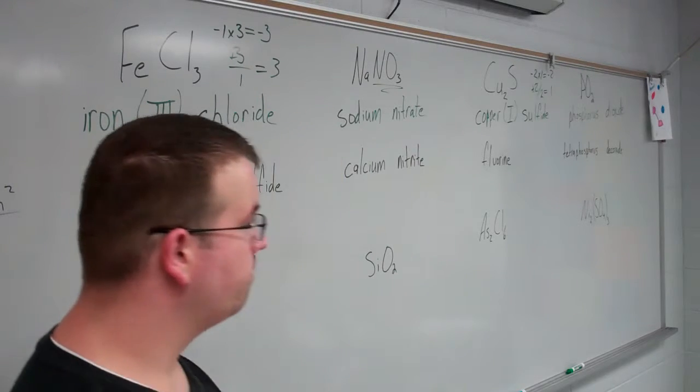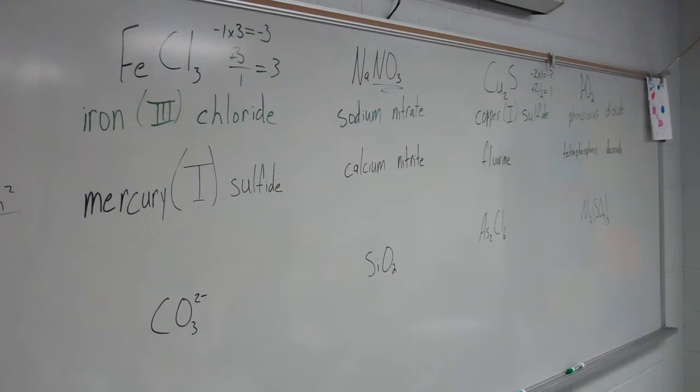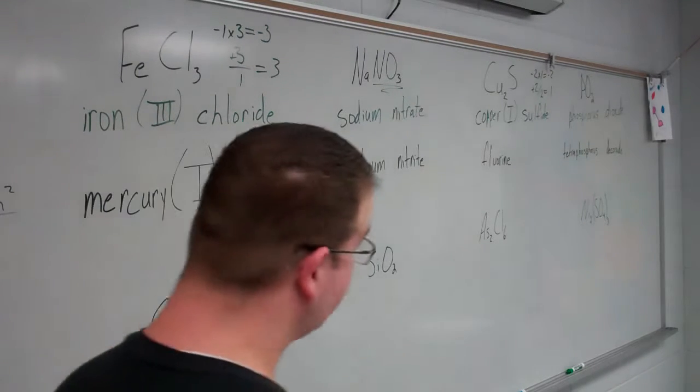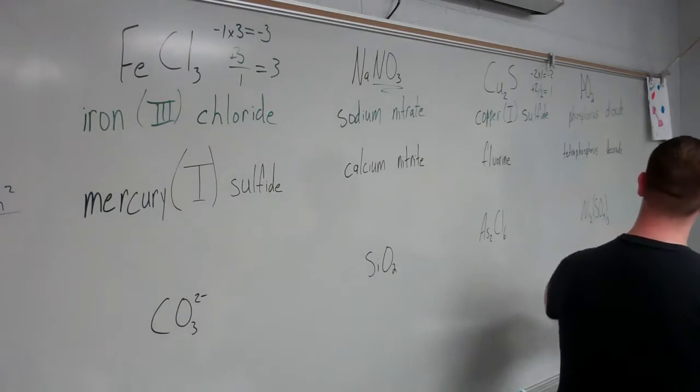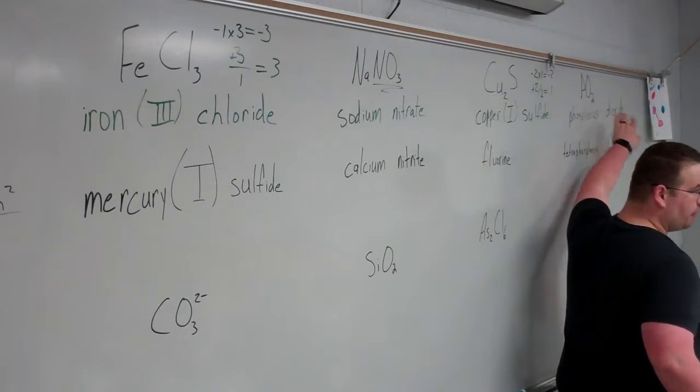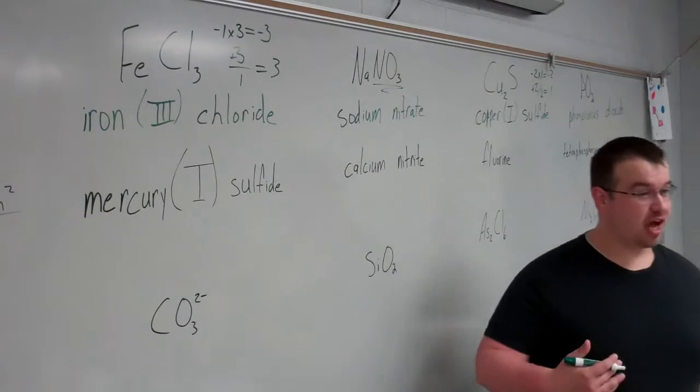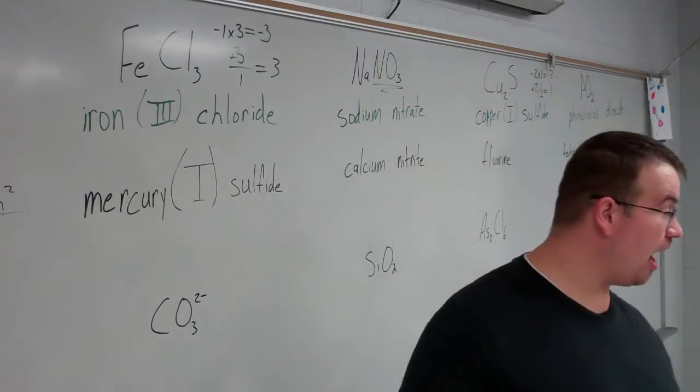But if it's the stock system, it's based on the charge. I got them mixed up. That's a really good question. When you're using the prefixes, it's dependent on the subscripts of how many you have. But if you're doing the stock system, it's based off the charge, not how many of them you have.